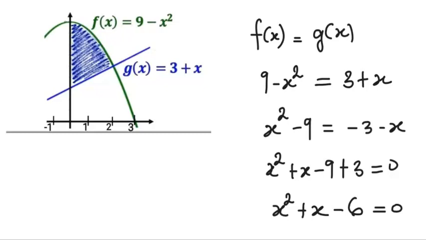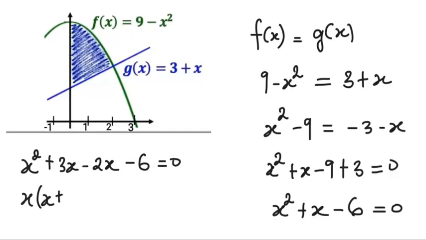So therefore, we can write the second term x as 3x minus 2x, and then minus 6, and this is equal to 0. From here, we factor out x, we get x plus 3 in the bracket. We factor out -2, we get x plus 3 in the bracket. The whole of this is equal to 0.